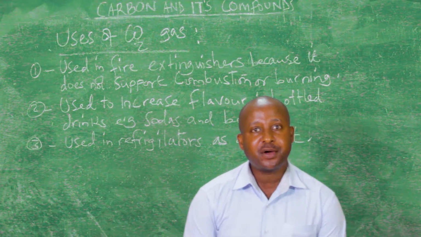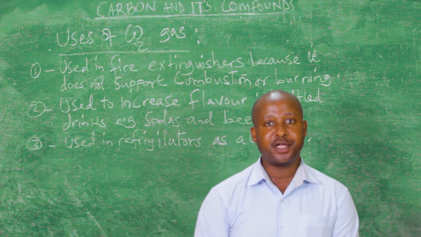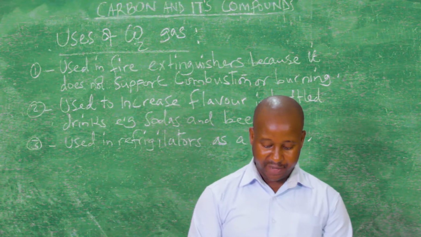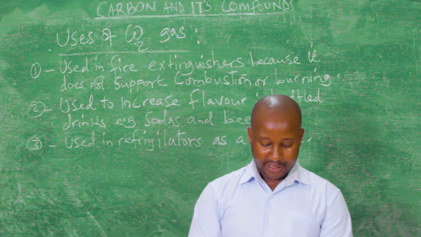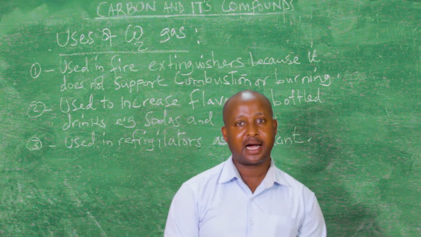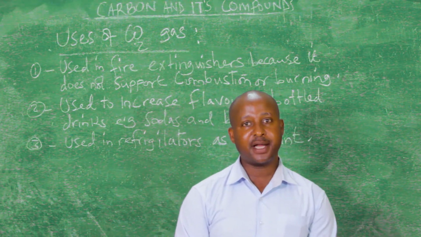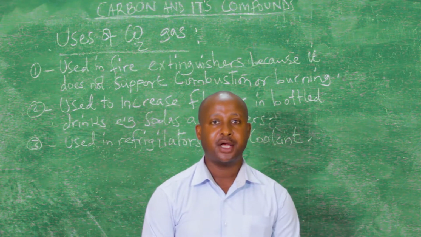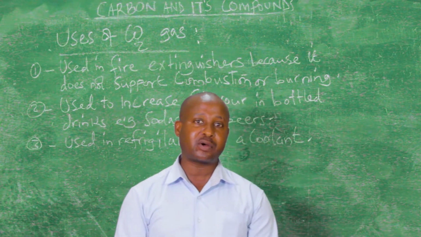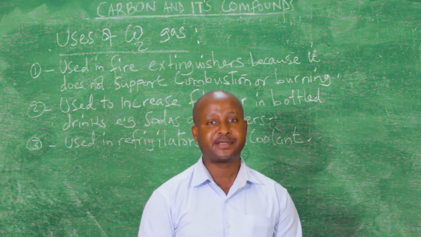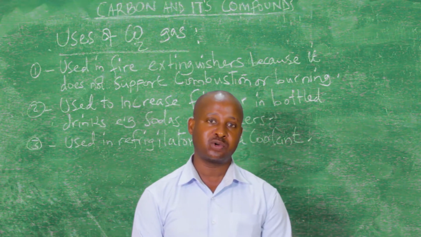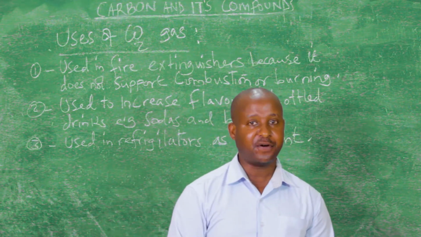Then carbon dioxide is also useful in making rain. Here, what happens is that carbon dioxide gas, when it reaches the atmosphere, usually solidifies. The solid carbon dioxide helps in cooling the clouds, and when clouds are cooled, the rain begins falling.